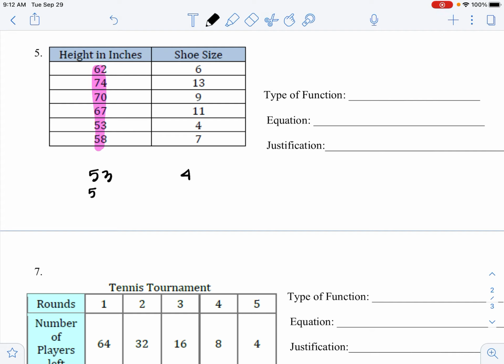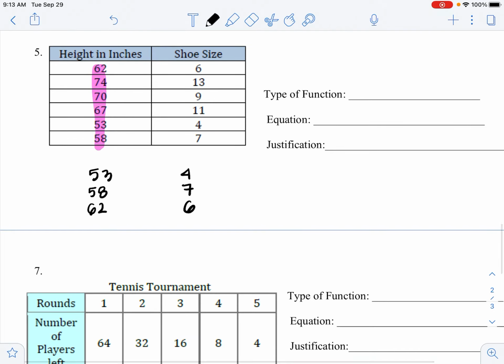And then 58 would be input next, output 7. And then what comes next? 62 has an output of 6. And I'm going to stop right there because I can already see that there's no pattern here. So if you look at here, this is plus 3, and then this is minus 1. And these aren't going by increments of 1, but it doesn't matter.